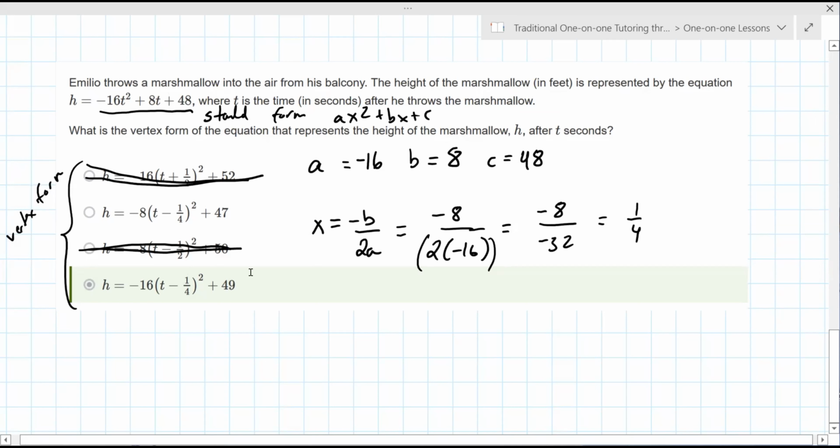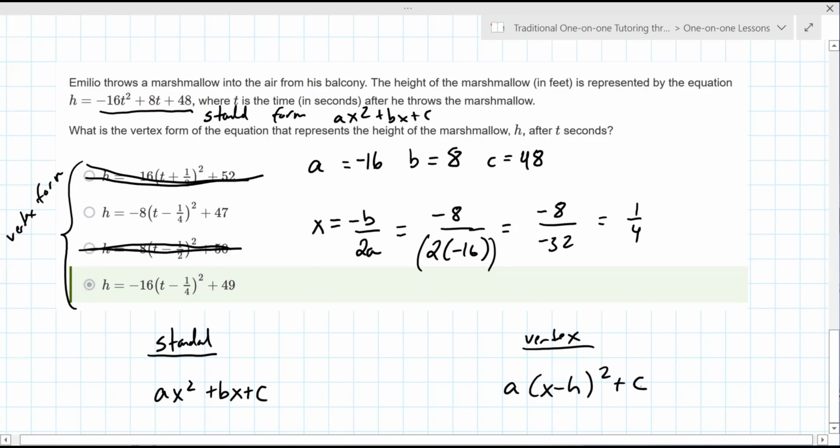Now the one thing that they probably didn't tell you, but it's extremely useful here, is that between standard and vertex form, there's one thing that's exactly the same. I'll see if you can identify it here. What is exactly the same about both of them? They're both negative.